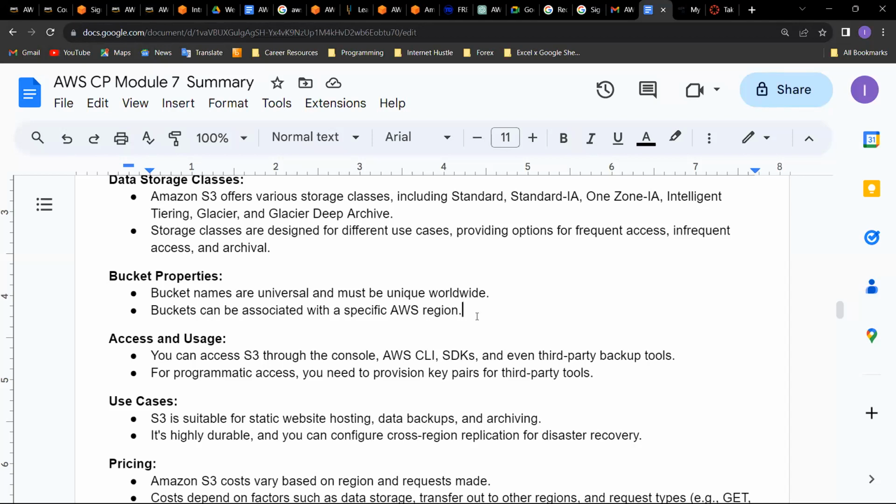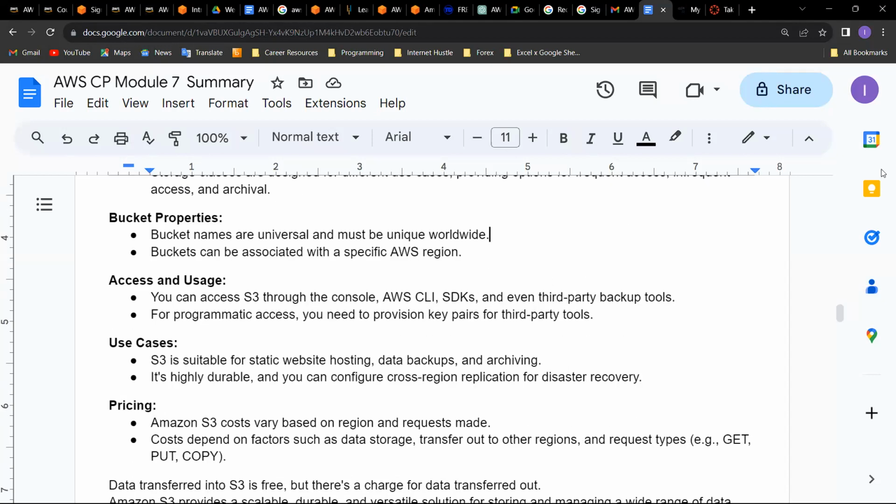Well, definitely it has to be allocated in a region. I think there's a portion of the bucket name where the region is stated. Okay, that's what I wanted to understand, even though it's a global service.